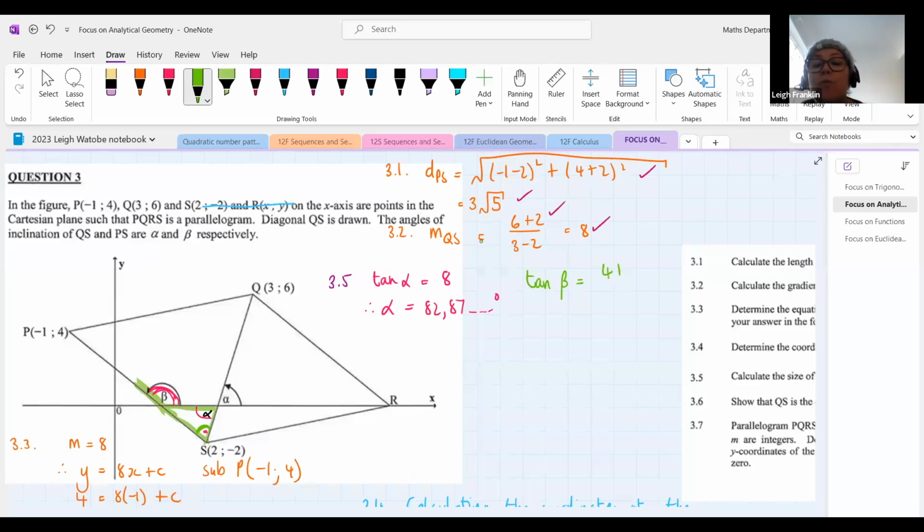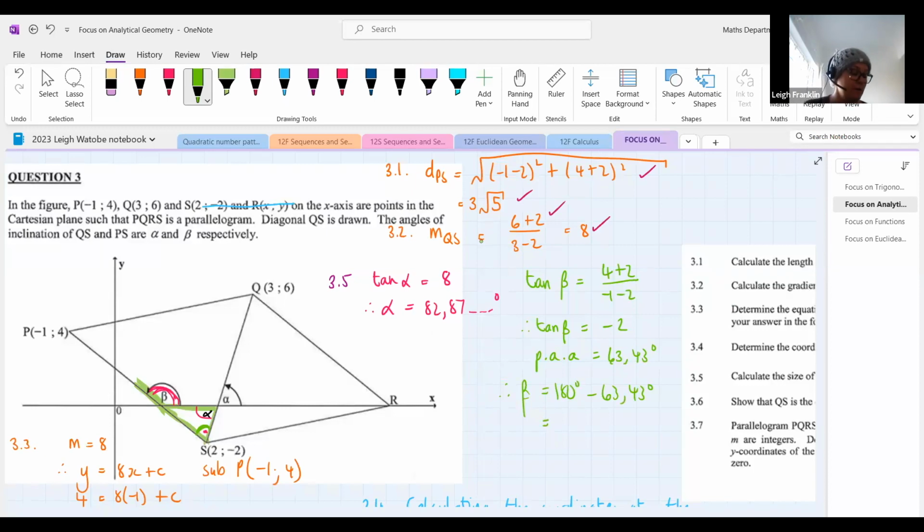That would be 4 plus 2 over minus 1 minus 2, so tan beta would be equal to 6 over negative 3, which is negative 2. I'm going to calculate my PAA because that's how I like to do it, and that gives me 63,43. That means beta is going to be 180 minus that 63,43.